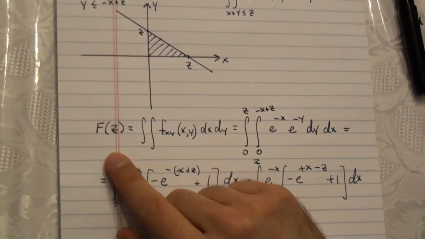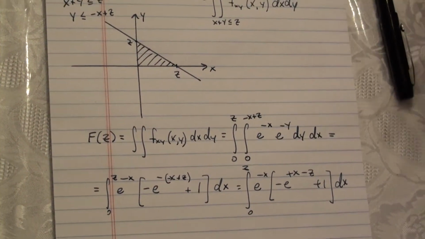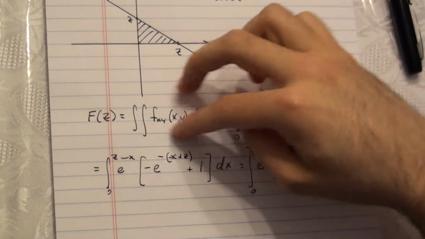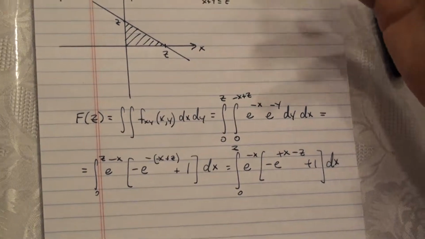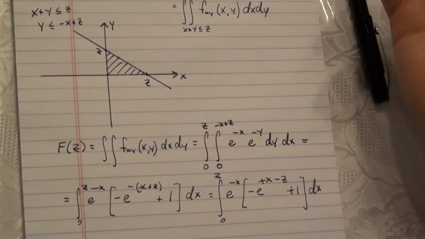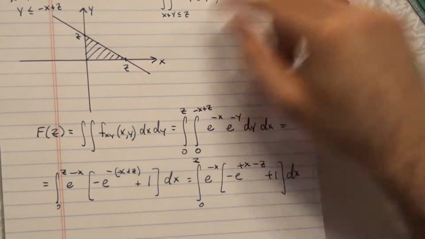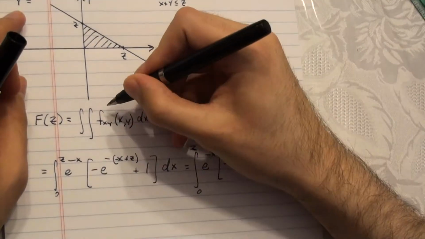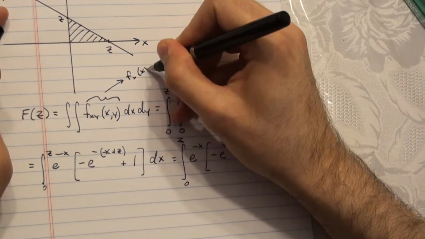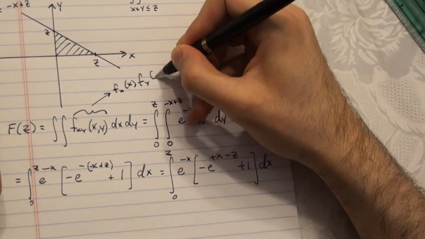So now we come down here to find big F of z, so we can ultimately find little f of z. Big F of z is just this integral, as we wrote before, but because x and y are identical independent random variables, we can split it into little f of x times little f of y.